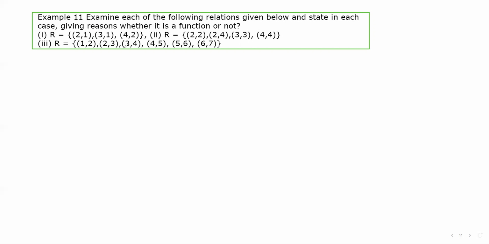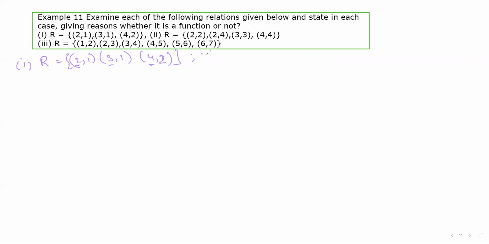Let's check whether the first relation is a function or not, and you have to give reasons for it. R is equal to {(2, 1), (3, 1), (4, 1), (4, 2)}. Whenever the first elements of different ordered pairs are different, then you can directly call it a function.